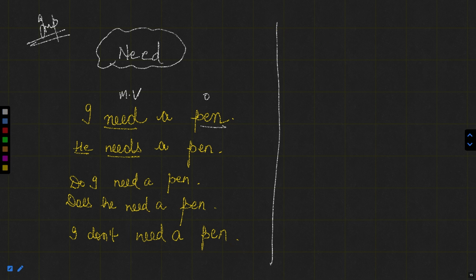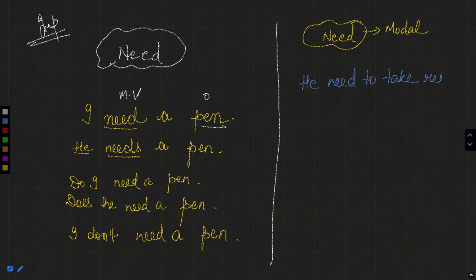But if I use this word need as a modal, now here we can have two structures. Now, need as a modal behaves like the word can, will, shall, or any modal. For example, if I say he need to take rest, what does he need to?